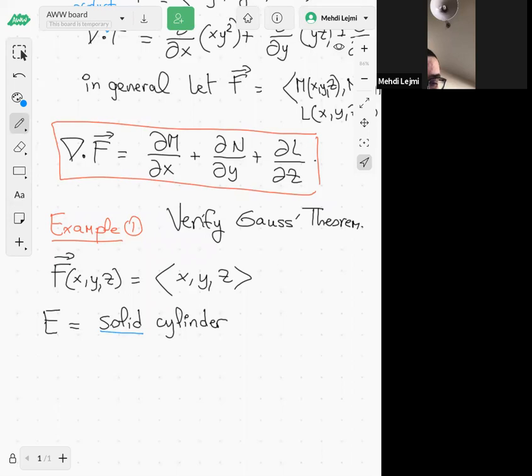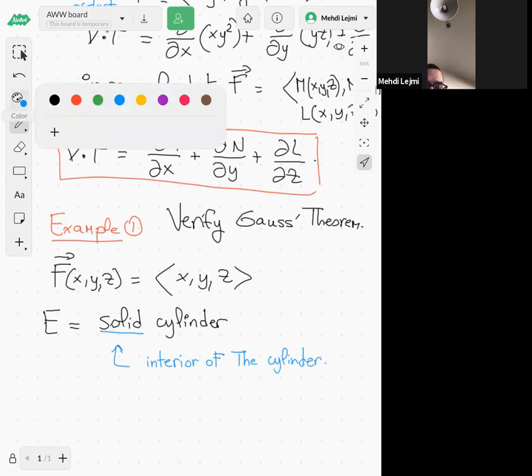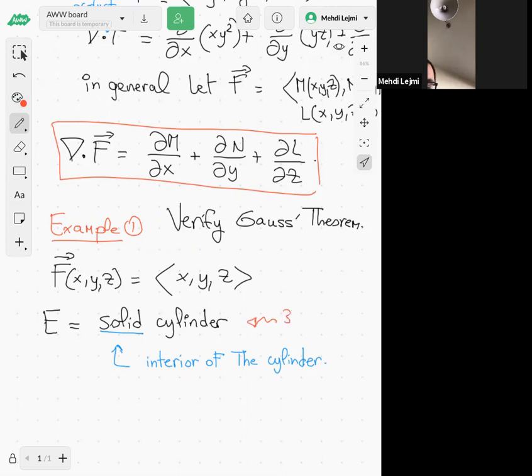Solid cylinder means we are taking the interior of the cylinder. Because E is a solid, it's a three-dimensional object.